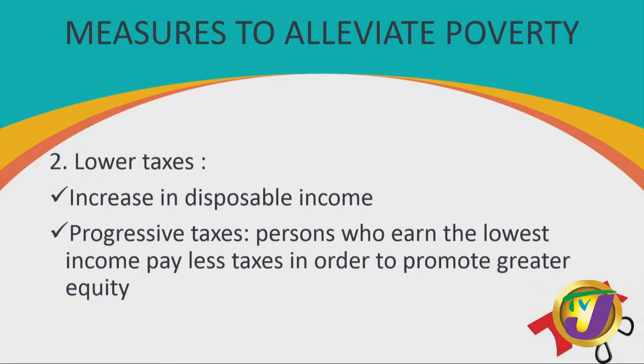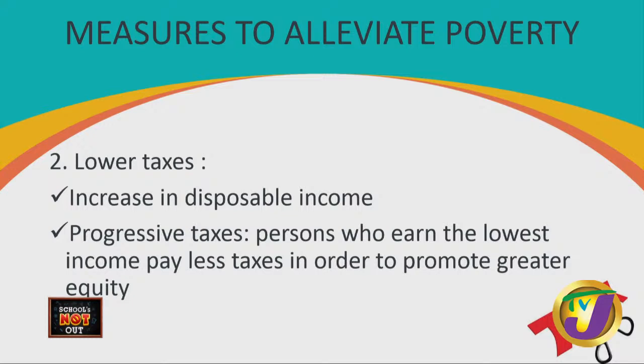The second measure to alleviate poverty is lowering taxes. When taxes are reduced, it will increase disposable income. Disposable income refers to the income that you have to spend on goods and services. So if taxes are lower, persons will have more income.